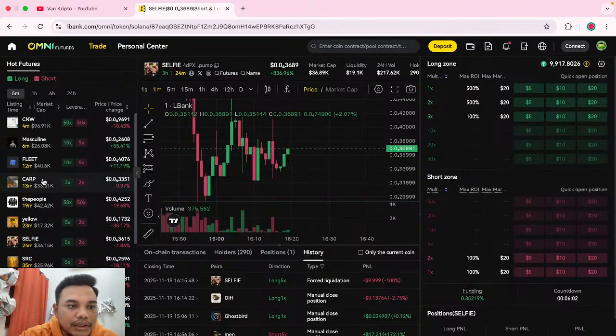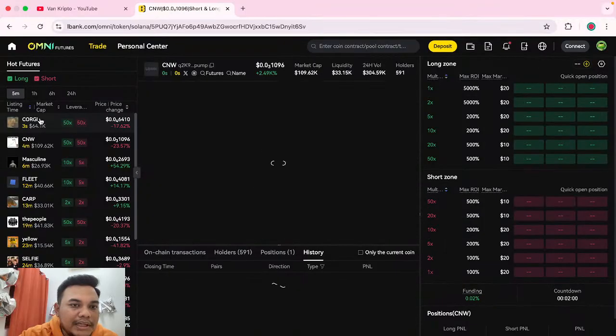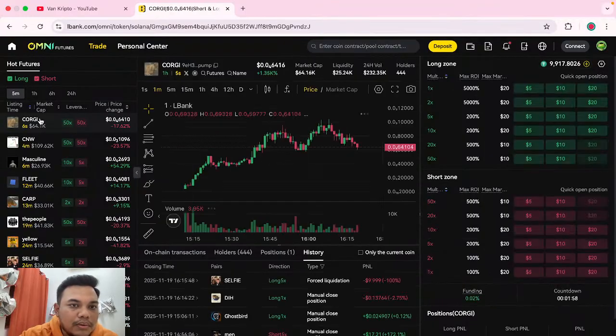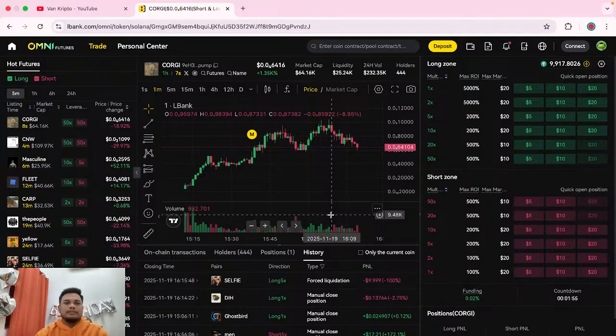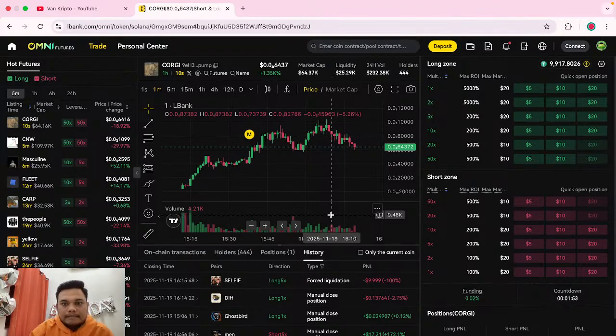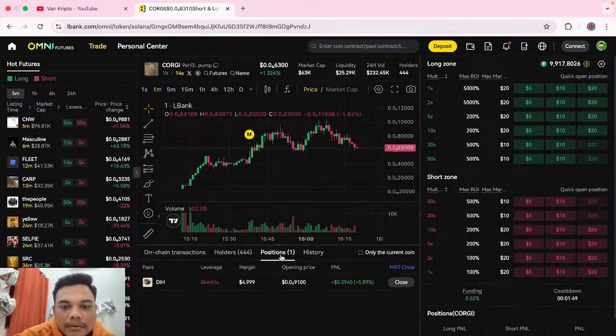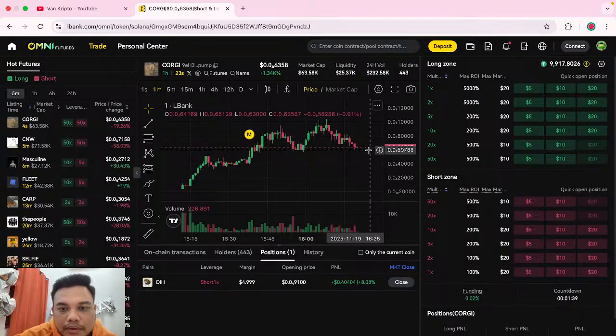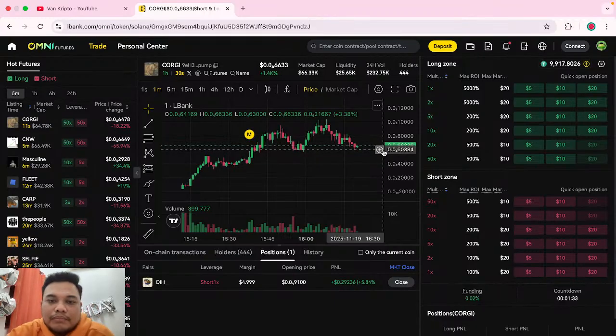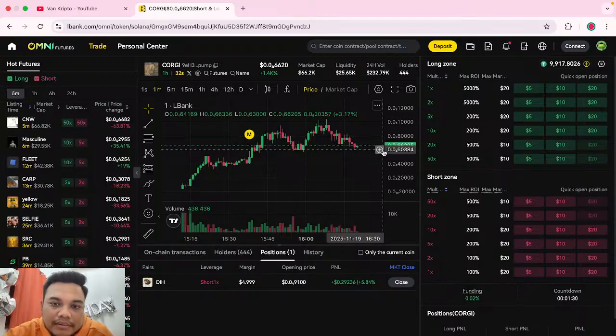How about we choose another coin? See, oh, corgi. This one is good. We're about to test. Okay, now we actually can see from here if it happens to touch this line, right?